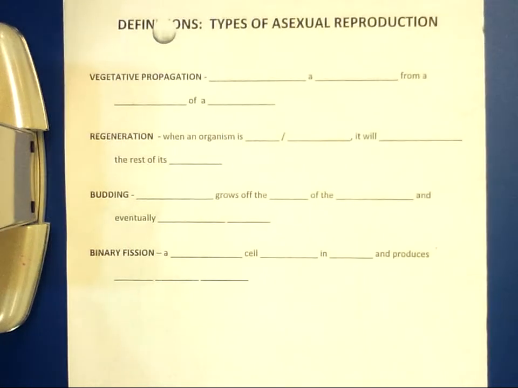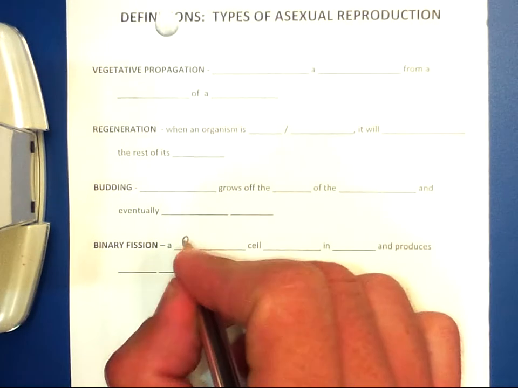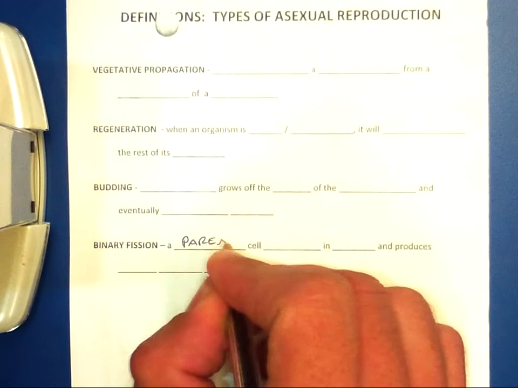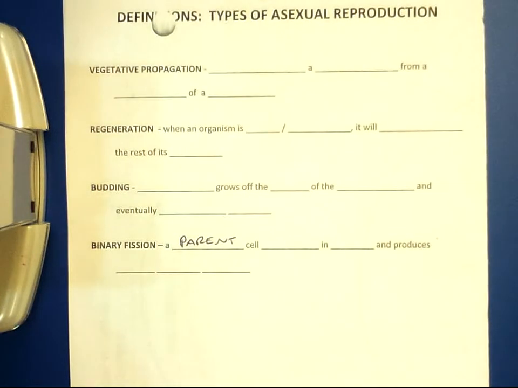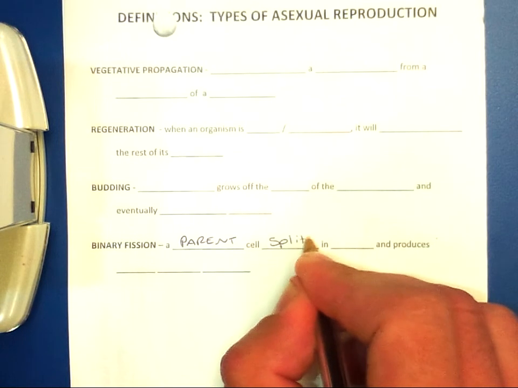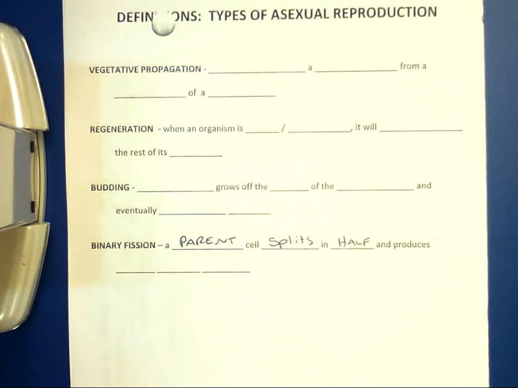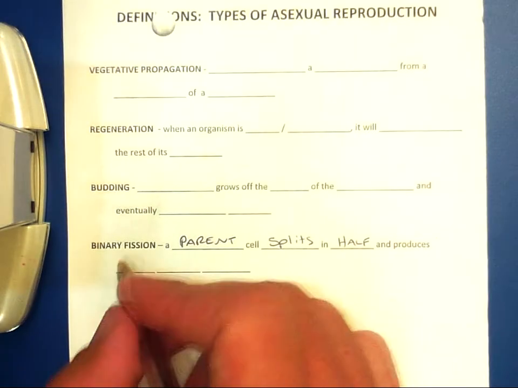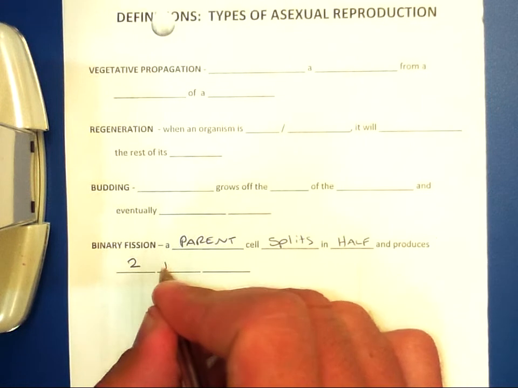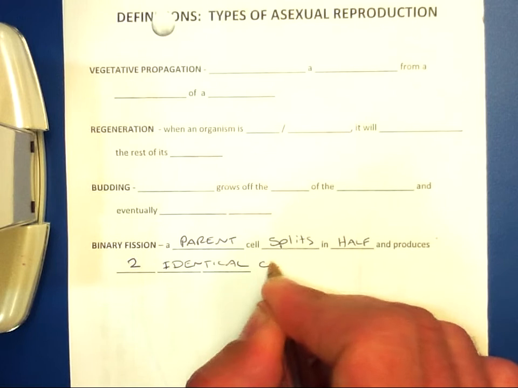Alright, so starting at the bottom is binary fission. Binary fission we just went over. Binary fission is when a parent cell splits in half and produces two identical cells.